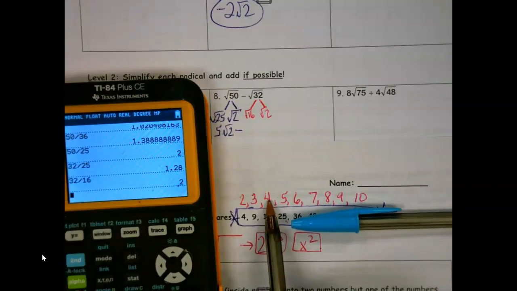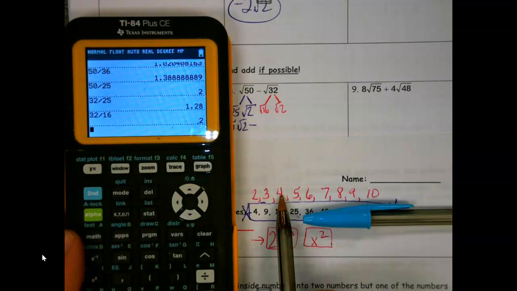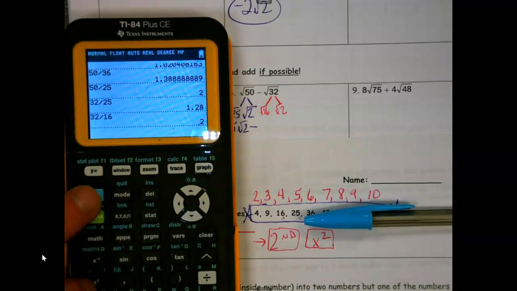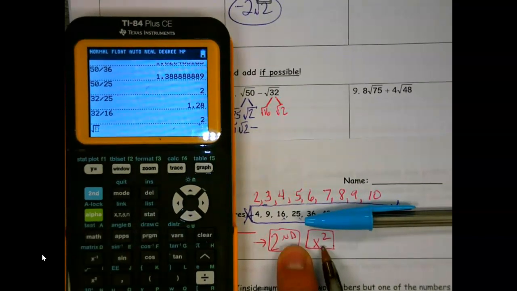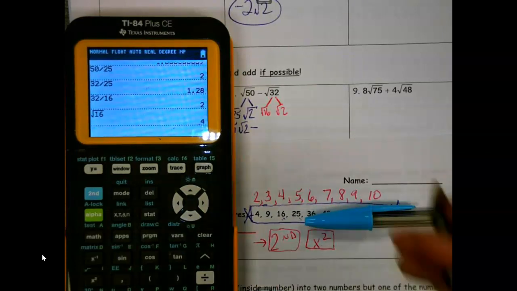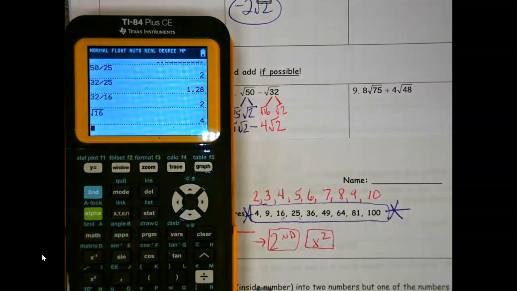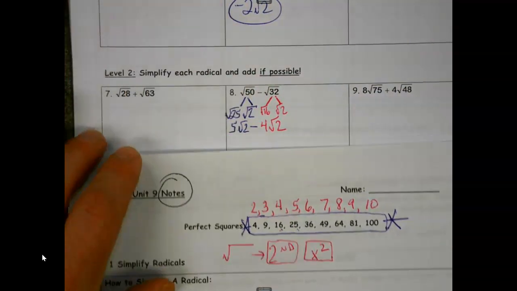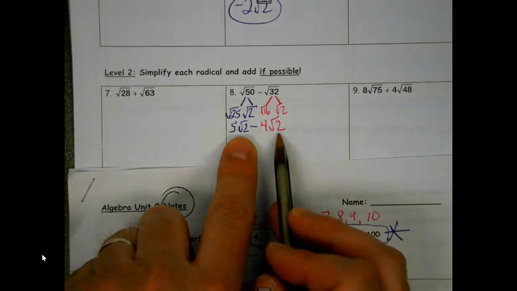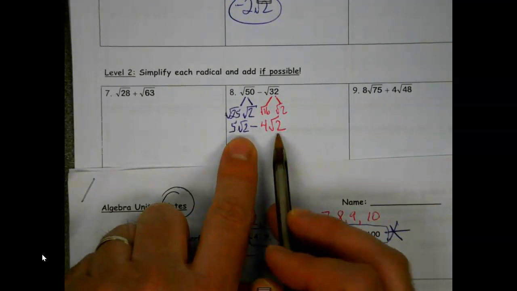That square root is 4. Or if I wanted to check in the calculator, second and x squared will get me the square root. And I can do it that way. And hey, they're the same, so this works out well for me.